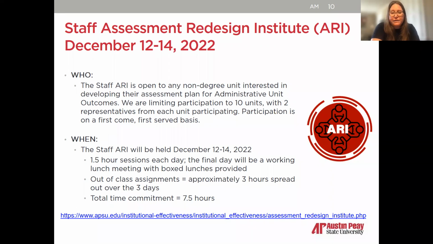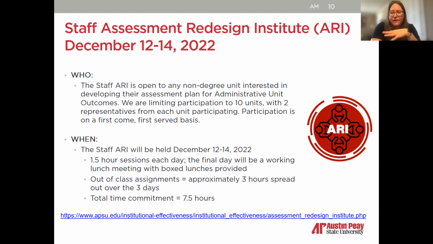We're going to hold that on December 12th through the 14th of this year. I know that that's the week that for a lot of staff, we catch up on things during that week because faculty and students aren't on campus, but it's also a good time for us to focus on something like this. So we will have sessions each of those days about an hour and a half long.